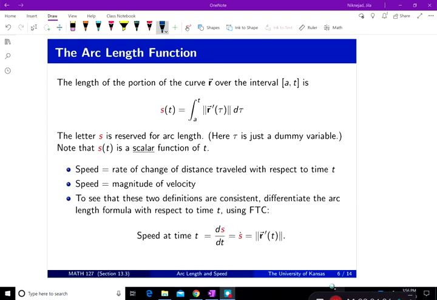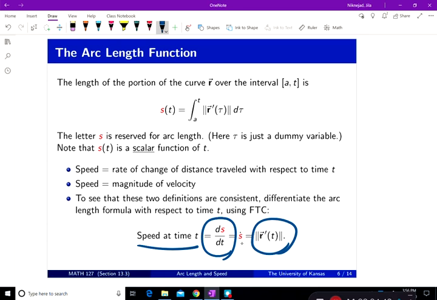So we discussed that the speed at any time t is equal to the derivative of the arc length function with respect to time, and that is equal to the magnitude of the derivative of r at time t.